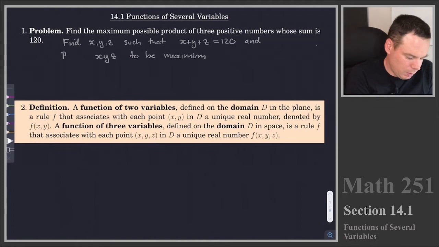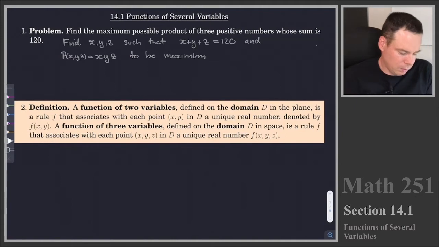Now what we can do is define a function to be exactly that product. So it takes three numbers in, x, y, and z go in, and what it sends out is the product, x times y times z. So what we're interested in here is trying to find the maximum value of this function, which I've called capital P. P for product, makes it easy to remember.